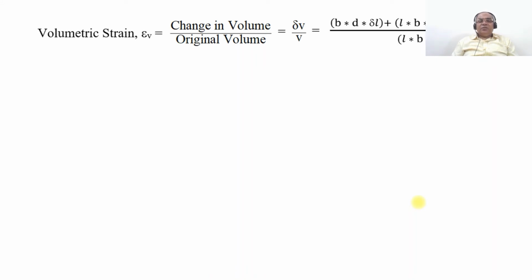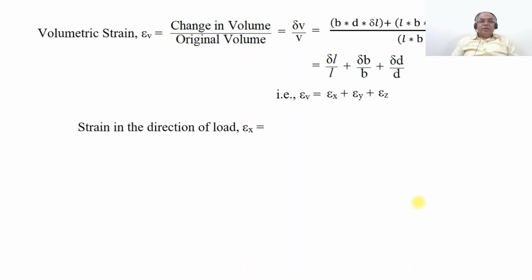You substitute the values of delta V and V: B into D into delta L plus L into B into delta D plus L into D into delta B, divided by L into B into D. That is equal to delta L by L plus delta B by B plus delta D by D. Therefore, epsilon V will be equal to epsilon X plus epsilon Y plus epsilon Z. So this is how you will be able to get the volumetric strain.